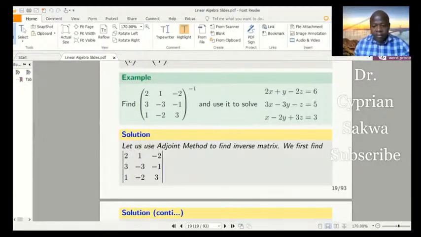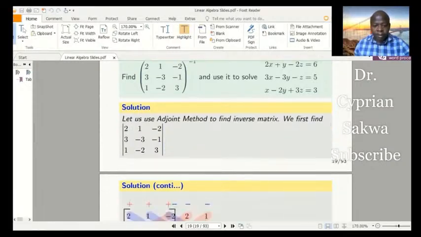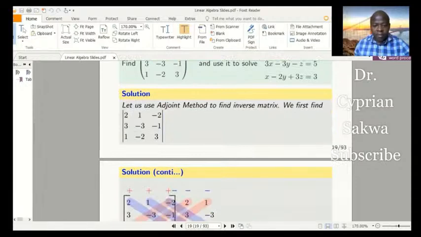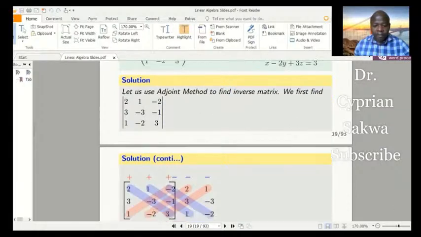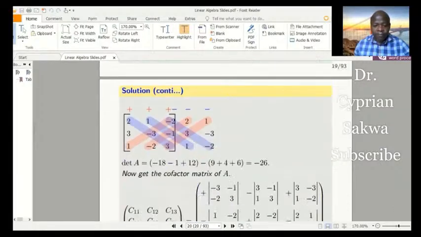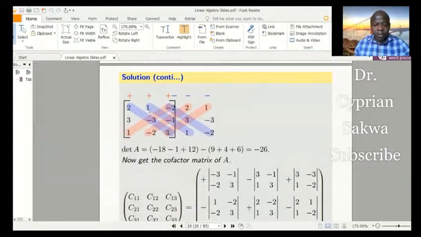Now, using the adjoint method, and we saw this in our previous video where we looked at how to find the inverse of a matrix by the adjoint method. The first thing I did was to find the determinant of this matrix. And again, you have various ways of doing that. Let's look at this method, and you know this method.